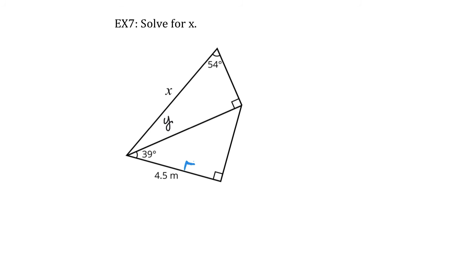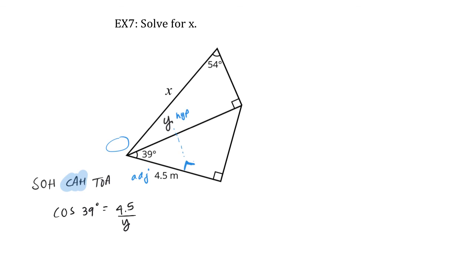Okay, so from my angle, I have an adjacent, and I want the one that's across from the 90, that would be the hypotenuse. Okay, adjacent, hypotenuse. We have adjacent, we want hypotenuse, that means we should use cosine. So cosine of 39 would be equal to the adjacent, which is 4.5, over the hypotenuse, which is what we want.